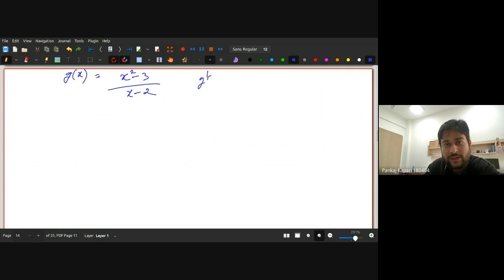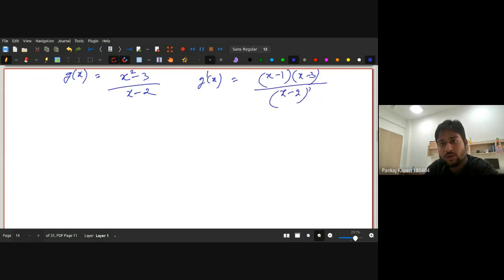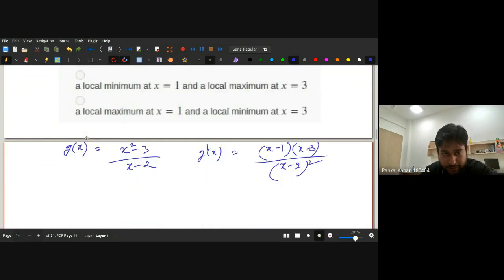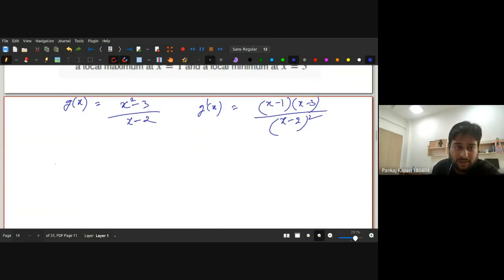And what was its derivative? This was (x minus 1) into (x minus 3) divided by (x minus 2) whole square. Now notice that for finding local minima and maxima, we have to check the sign of the derivative in the local neighborhood of those critical points.